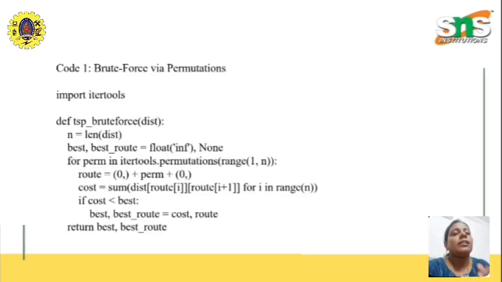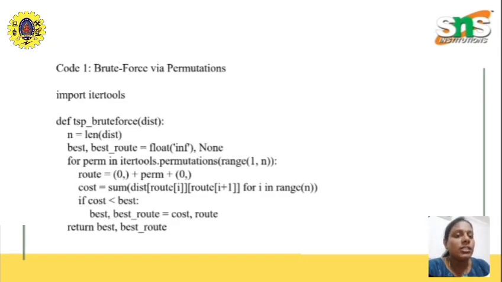So here we calculate the distance of route[i], which is the first node, and route[i+1], which is the node that we move to next, that is i+1. We have to calculate this kind of cost until the range of n, as n number of nodes are there.